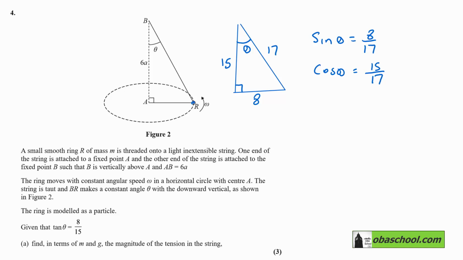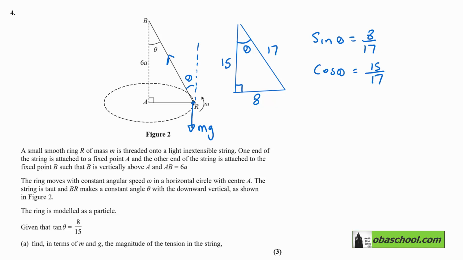So let's consider R is here, and we were told that the mass was m, so the weight mg will act in this direction. If we just continue that up, this angle here would be theta.